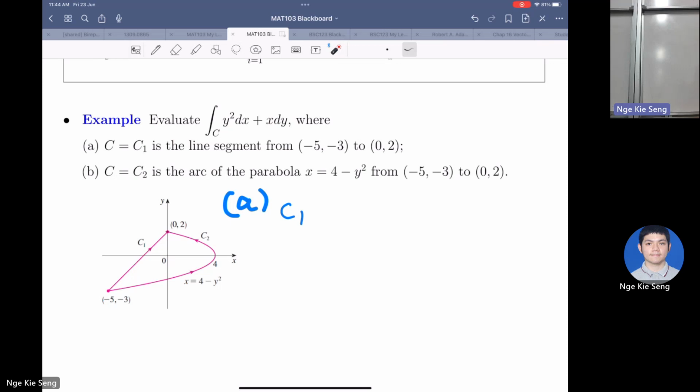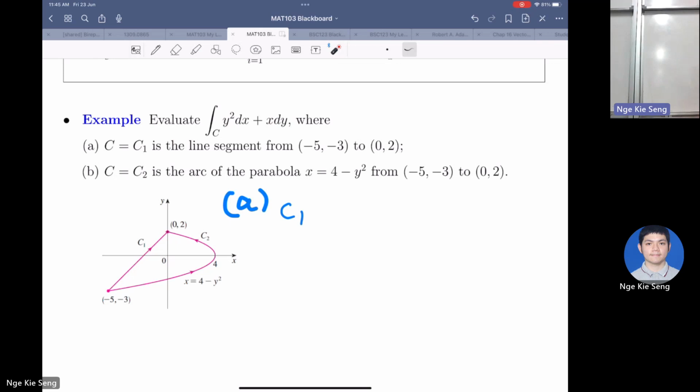Using a parametric equation. So how do you form this parametric equation? Any idea? You need to put everything you learned before together.